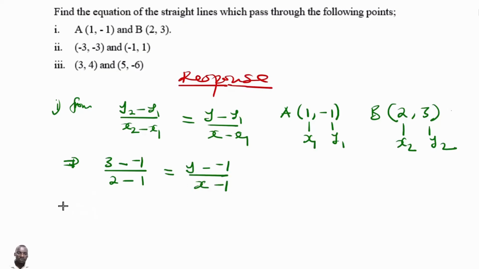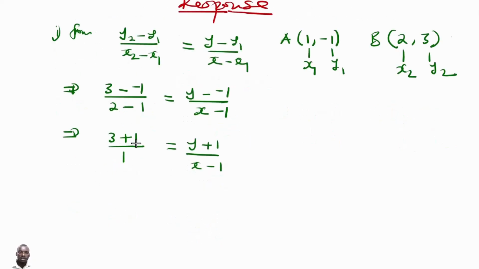So as we simplify, we have 3 plus 1 divided by 1 equals y plus 1 divided by x minus 1. So as we proceed, 3 plus 1 is 4 divided by 1 equals y plus 1 divided by x minus 1. The next step here, we are going to cross multiply these two.